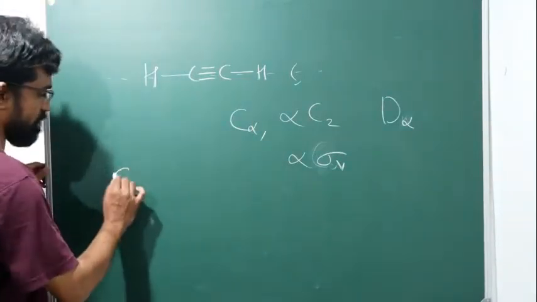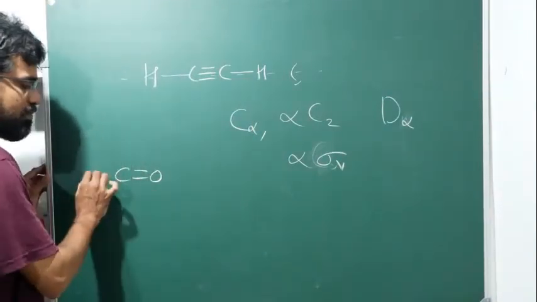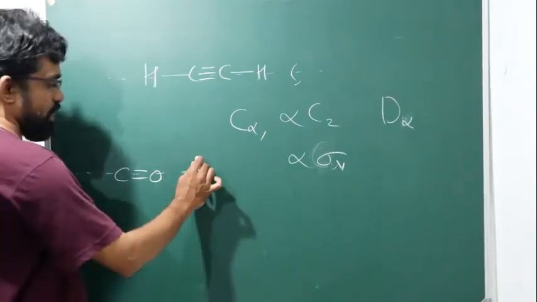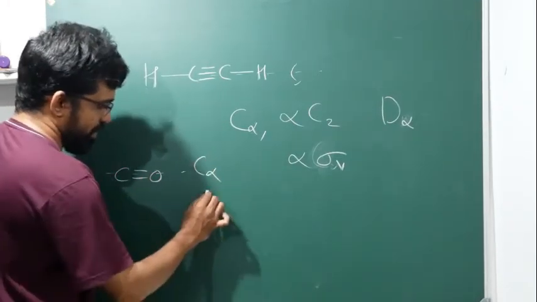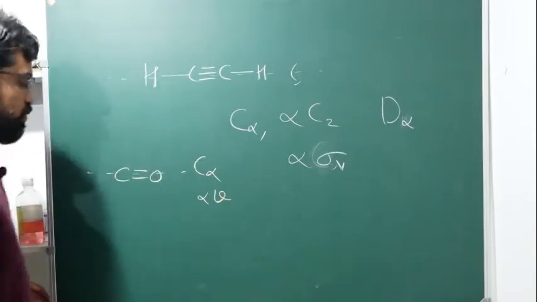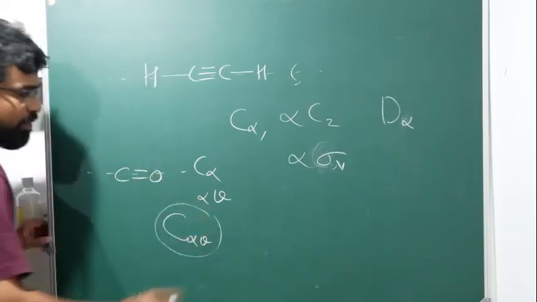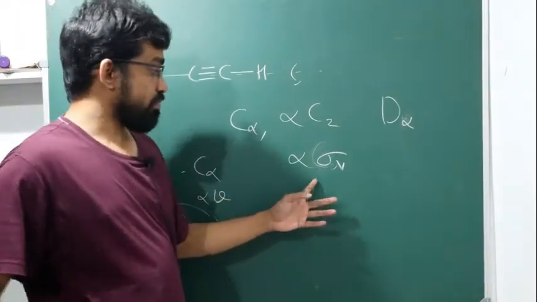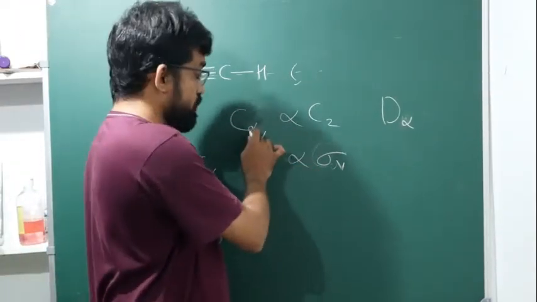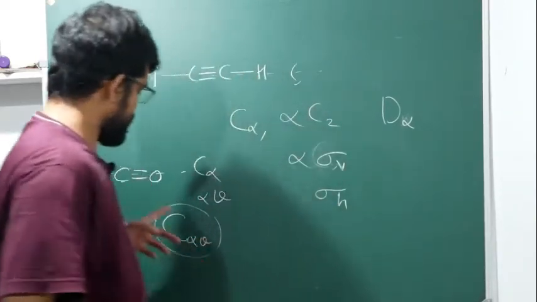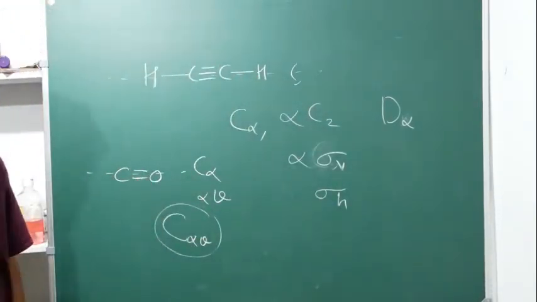For example, carbon monoxide: there is no C2 axis here, but there are C infinite and infinite sigma v. So this belongs to the C infinite V point group. But in acetylene, infinite sigma v is also there, and sigma h is also there.